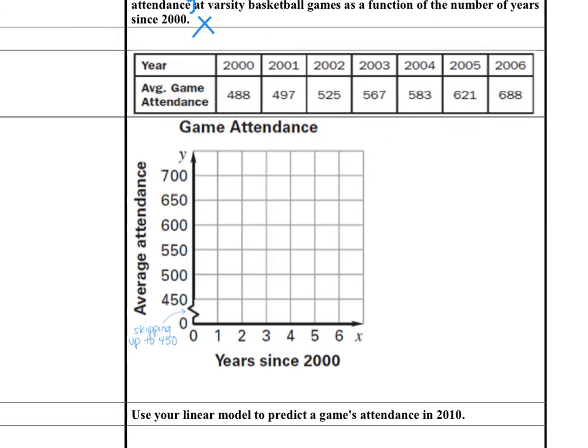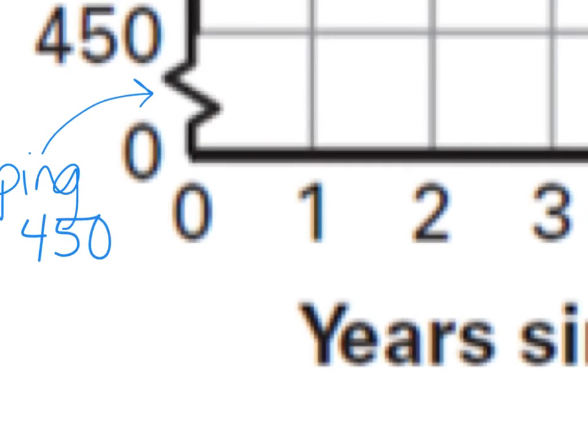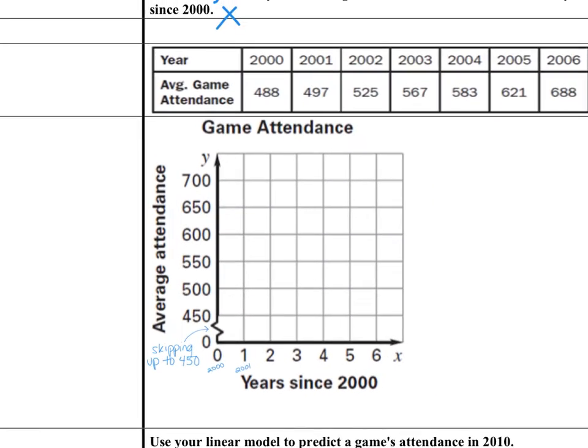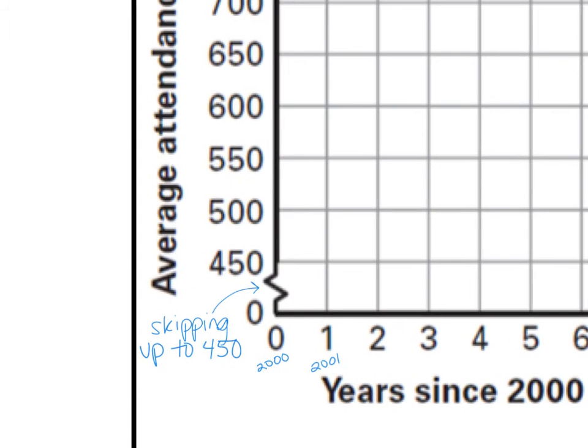Okay. We're going to go ahead and graph these points. Notice it says years since 2000, so this is 2000. This is 2001, just so we're clear. So please go ahead and plot those points. 2,488 would be your starting point. Do your best to approximate it.